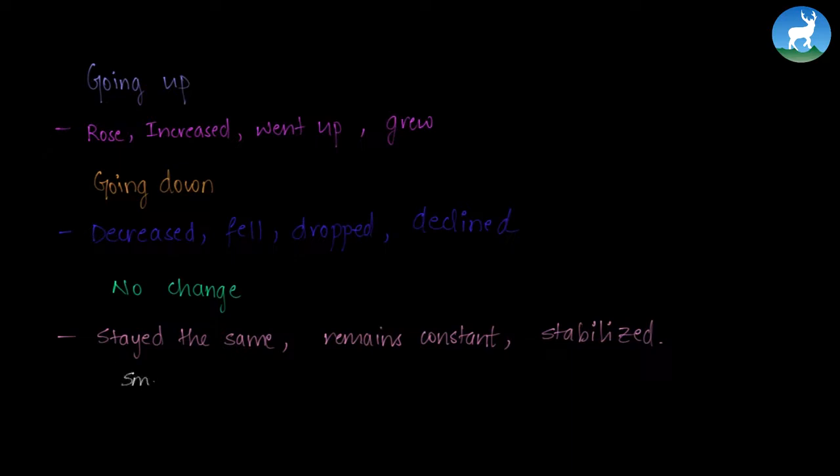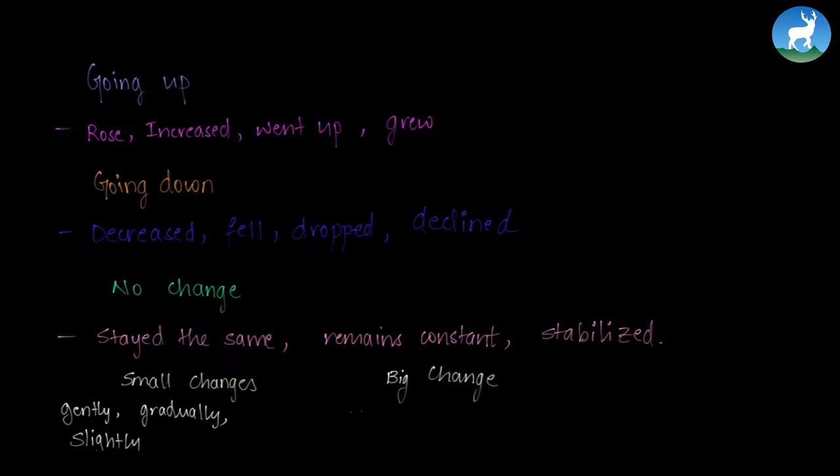If there are small changes, you can say it's growing gently, or you can say it's decreasing gradually, or slightly. And if it's a big change, changing in a huge amount, you can say suddenly the number rose up to 45,000.